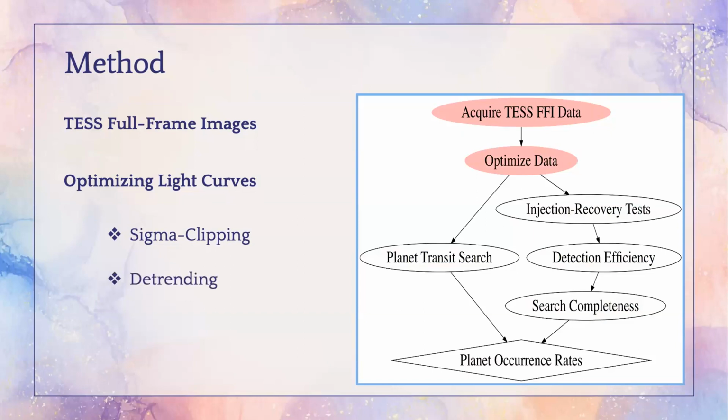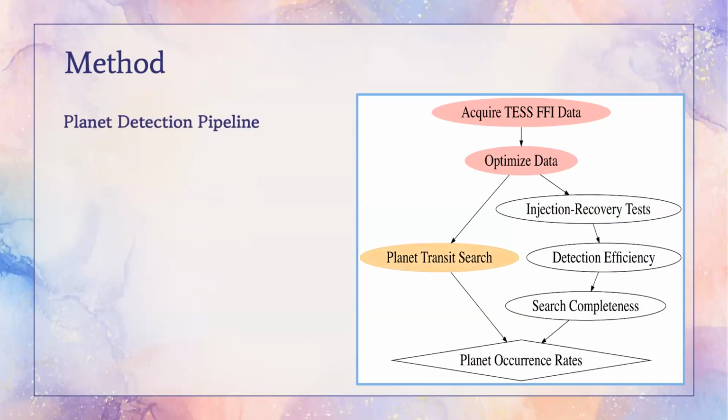So taking nasty looking light curves that look really jagged to basically straight light curves with nice dips that you'll see. And so once we've done that, our light curves go into our planet detection pipeline. So basically what this does is it detects planets. We use a transit search algorithm to do that.